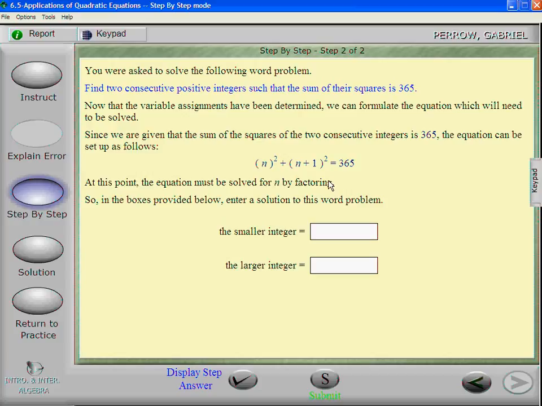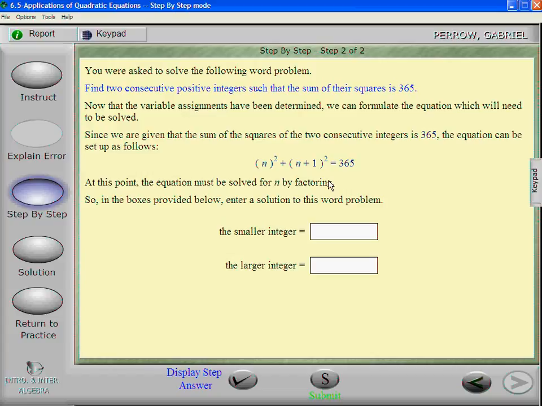So we can actually shrink this one down a little bit, because I can pull out a greatest common factor of 2, and I'd end up with n squared plus n, take away 182, it looks like. And then I could divide the 2 away, and I would just have to work with the n squared plus n minus 182.